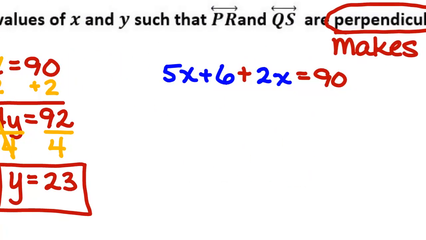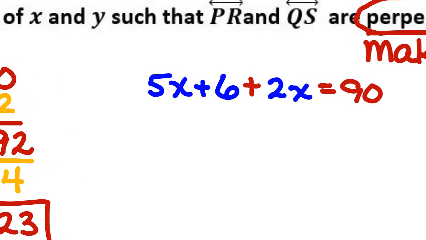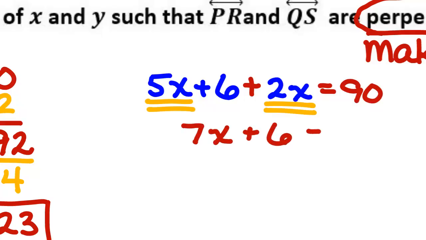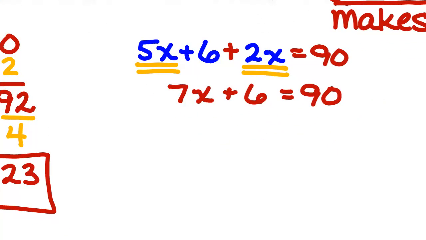Over here with the x's, the first thing we need to do is combine our like terms together. When we're on the same side of the equal sign, we combine. We do not use an opposite operation. So I would have 5x plus 2x. That gives me 7x. So 7x plus 6 equals 90. And then we subtract 6 from both sides.